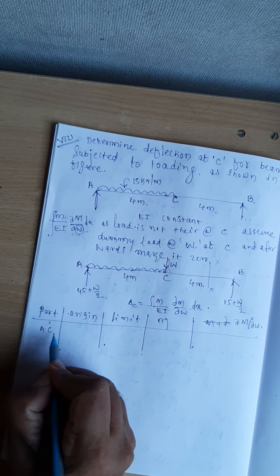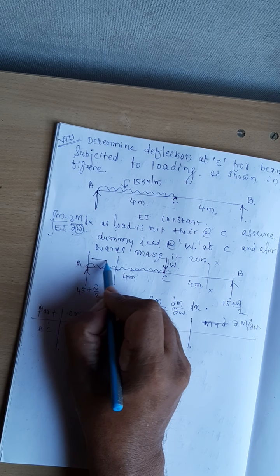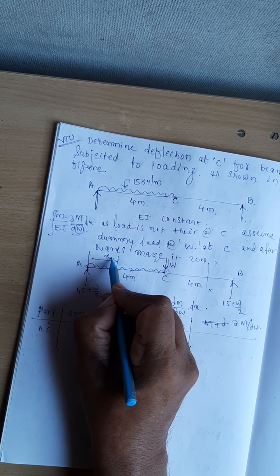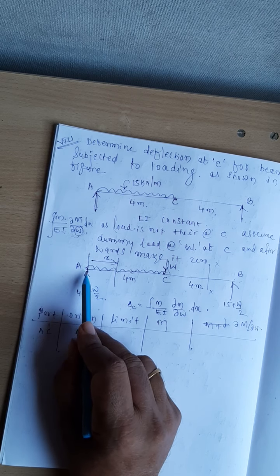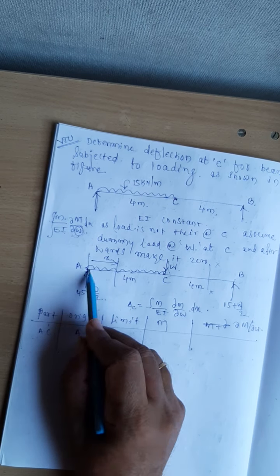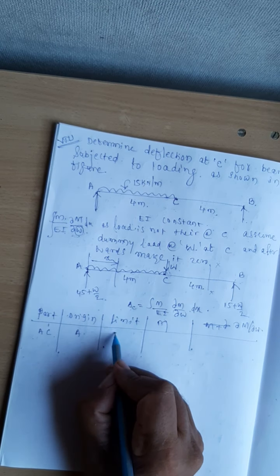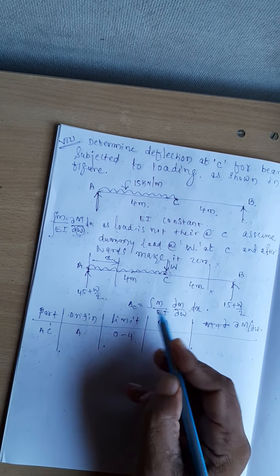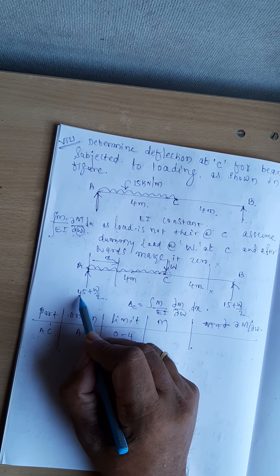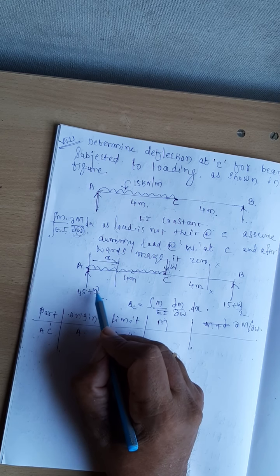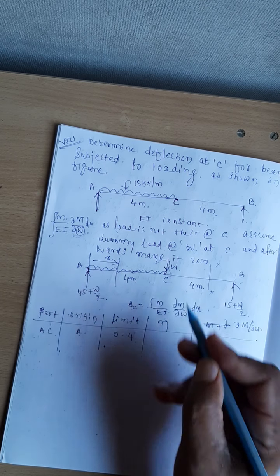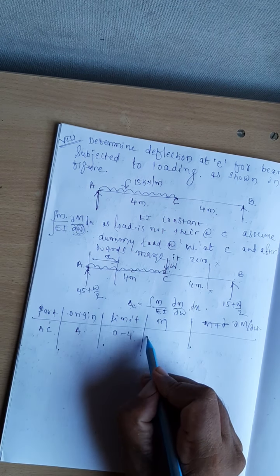Calculate the bending moment here with A as the origin. If A is the origin, what is the equation for the bending moment at the section XX? Your limits are from 0 to 4. AC means 0 to 4. Write the equation for the bending moment: 45 plus W by 2, into X, and it is positive.